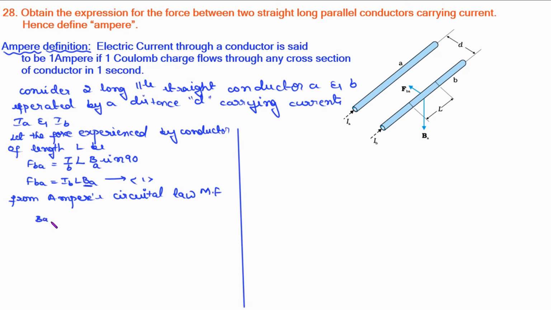So BA is equal to mu naught I divided by 2 pi r, here we write d, the distance. So I here is IA. This BA is due to this current IA. So BA is mu naught IA divided by 2 pi d.